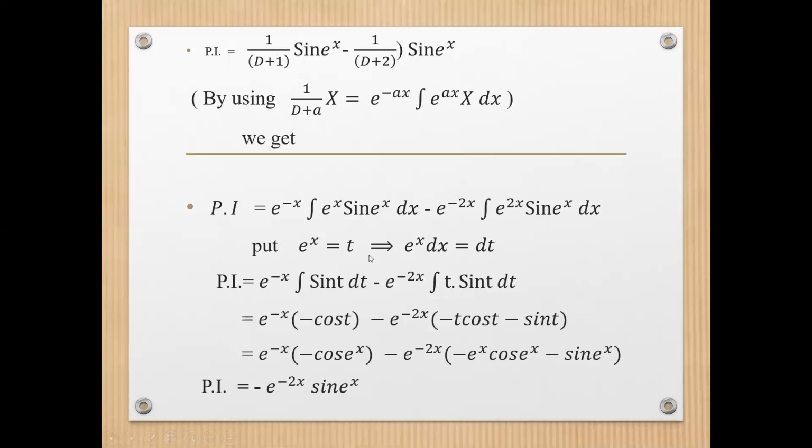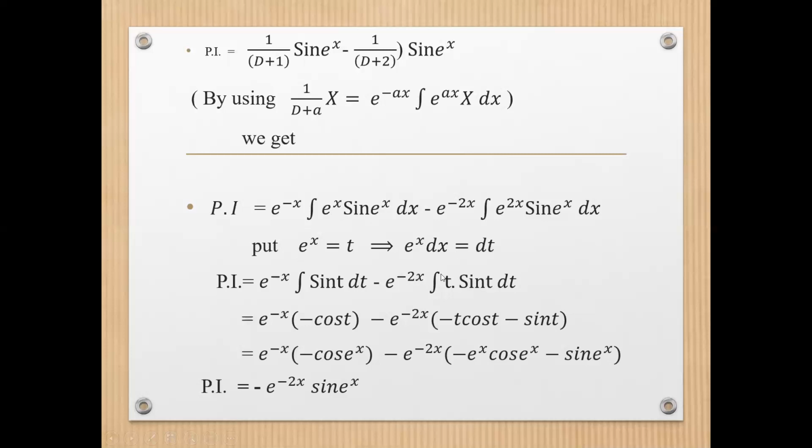So in order to integrate, we have to put e raised to x is equal to t. Okay, e raised to x is equal to t, taking a derivative on both sides. What do we get? e raised to x dx is equal to dt. As you know, derivative of e raised to x is e raised to x into dx is equal to dt. So look at the first side.